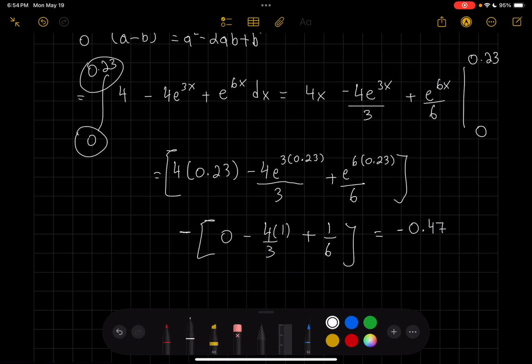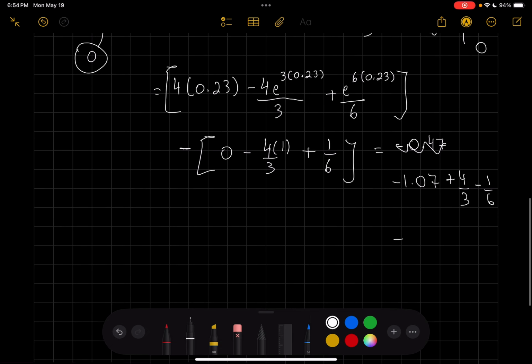Okay, so the answer is going to be over here. The first one is going to be minus 1.07. And then minus is going to be plus 4 over 3 minus 1 over 6. So 4 over 3 is going to be 1.33.